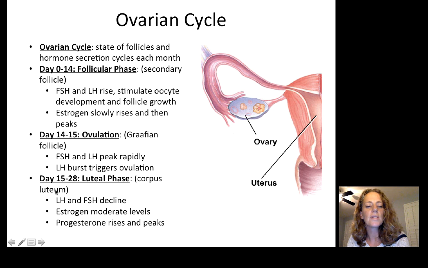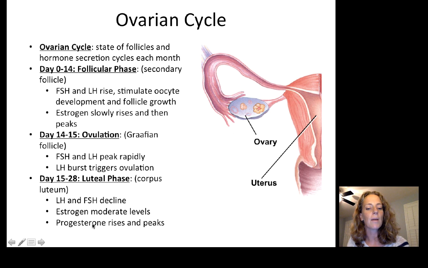So the corpus luteum will cause high levels of progesterone, moderate levels of estrogen, and it will inhibit LH and FSH. The inhibition of LH and FSH is important for preventing other follicles from maturing while one egg is out there looking to be fertilized.